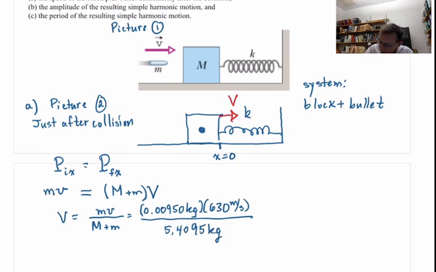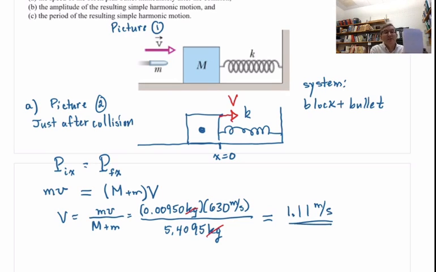Note the units of kilograms cancel, and we'll end up with units of meters per second. It's going to be a lot less than 630 because now the bullet is embedded inside a big block. And we get a value of 1.11 meters per second, obviously to the right in our drawing.